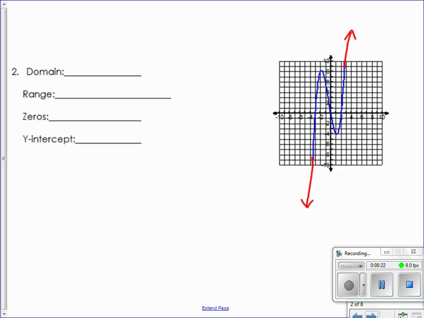We have to say, does this graph ever stop going to the left? If we were to extend this arrow even further, this graph would never stop going out to the left. If it is going out to the left, we're going into negative numbers. So if it never stops, then it's going to go to negative infinity.